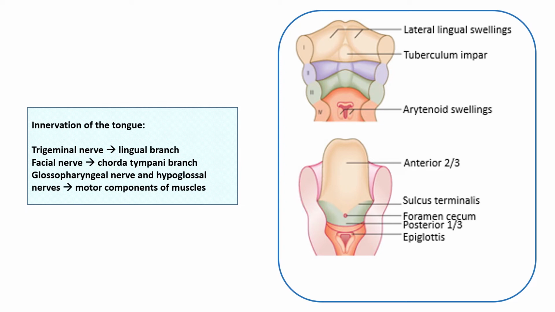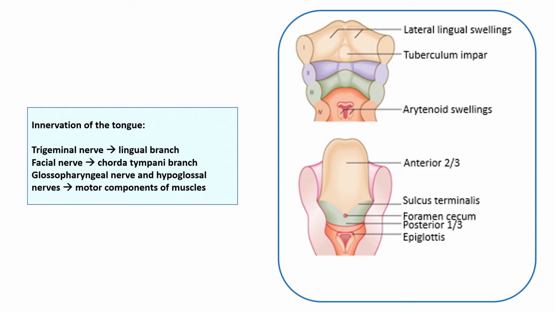And the copula comes from the third pharyngeal arch. Remember how that copula actually overgrows beyond that second pharyngeal arch. So what is then innervating this posterior region of the tongue, the posterior 1/3 of the tongue, is actually the glossopharyngeal nerve, which, if you remember, is associated with the third pharyngeal arch.